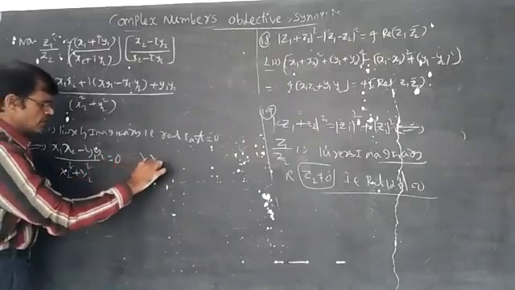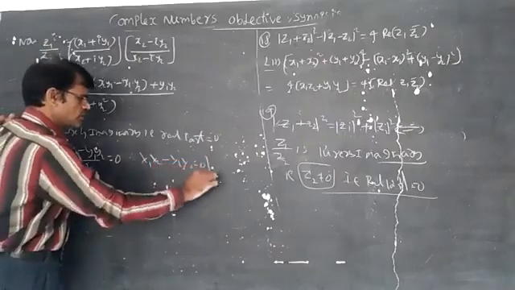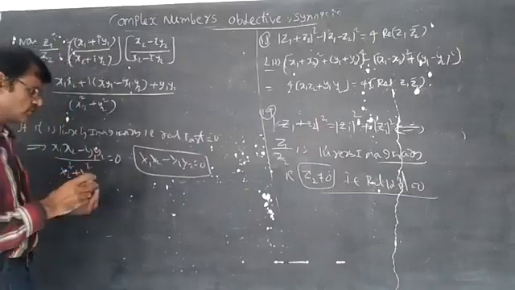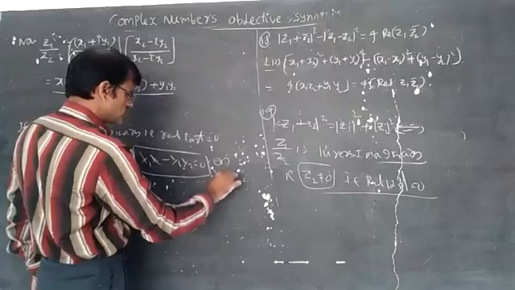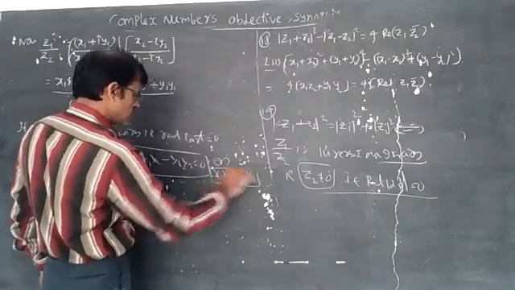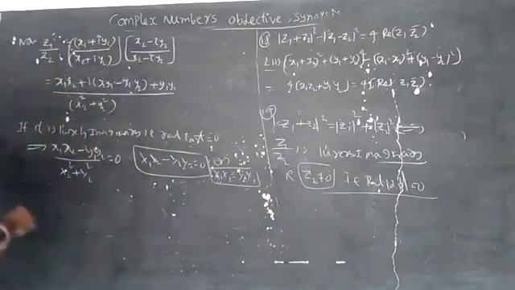Therefore, you can write x1 x2 plus y1 y2 equal to 0. Keep aside.